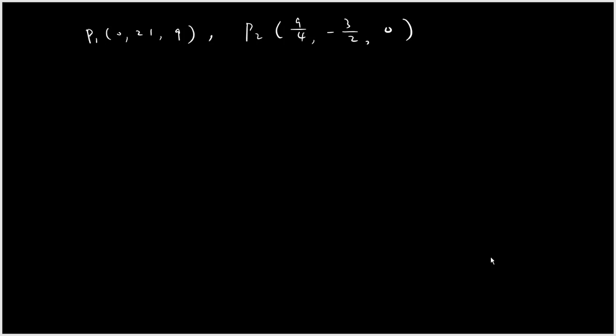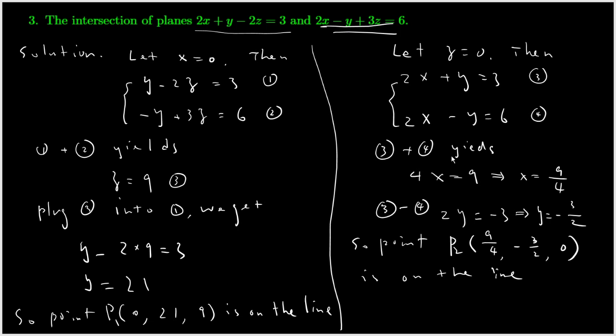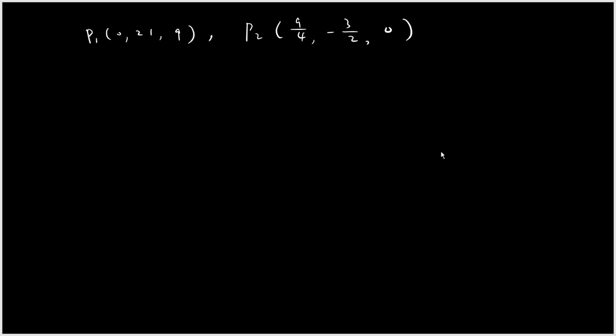So did I copy this right? My memory is getting worse. I think I copied everything right. Okay, so these 2 points are points on the line, right? So we'll go from here.